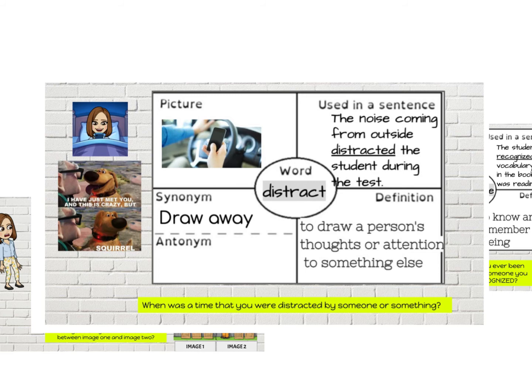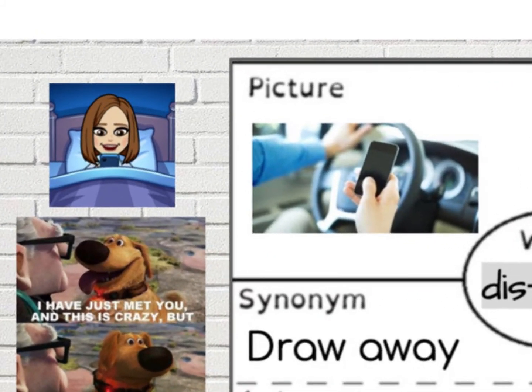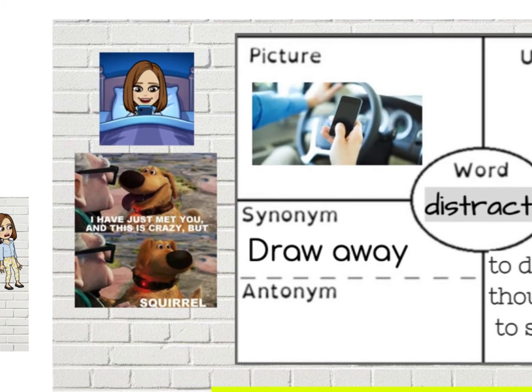And then I have 3 different pictures. I would like for you to choose the one that helps you understand this word the most and draw it on your interactive notebook. So you can choose to draw this driver who is distracted by their cell phone, which is very unsafe. Or there I am, sometimes distracted when I should be sleeping.